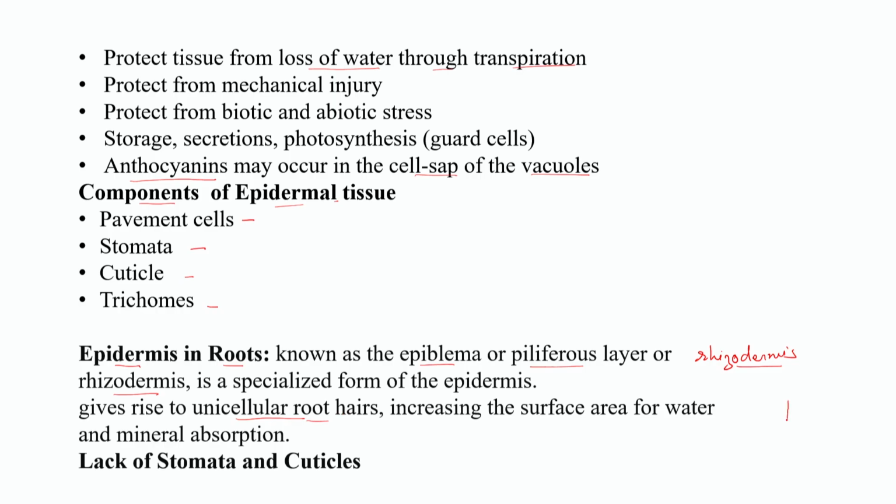Now, this root hair is basically an extension of the epidermal cell. So, root hairs which are unicellular in nature are extensions of the epidermal cells, they come out from the root epidermis, and they increase the surface area for better water and mineral absorption.